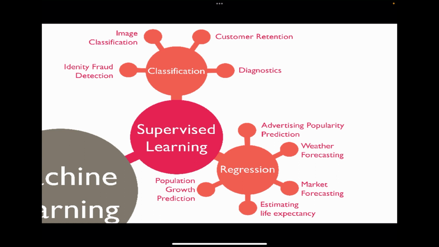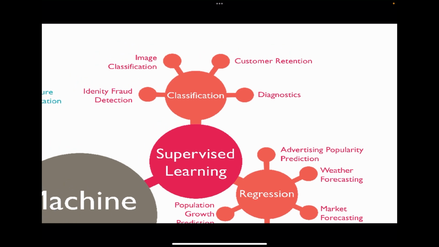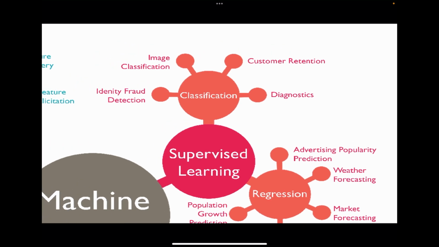So again, availability of data divides the supervised learning algorithms into two different classes. One is classification and the other is regression. So in the case when the data available to us is of a finite set of symbols, for example, if you want to predict whether a given image is of a cat or a dog, in this case only a few outcomes are possible.